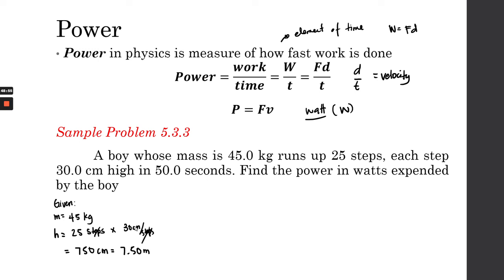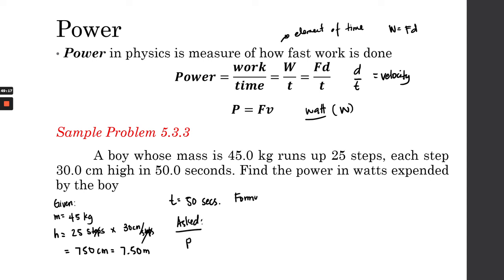So the boy went upwards 7.5 meters. And the time it took for the boy to do the work is 50 seconds. And what is being asked is the power.